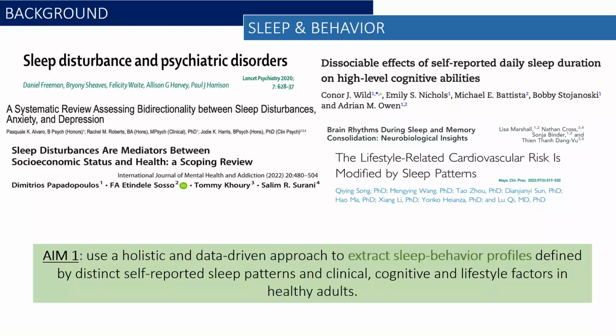What we propose today with this project is to use a more multidimensional and data-driven approach in order to extract sleep-behavior profiles that will be characterized by distinct self-reported sleep patterns and distinct behavior, such as lifestyle, mental health factors, and cognitive factors, in healthy adults.